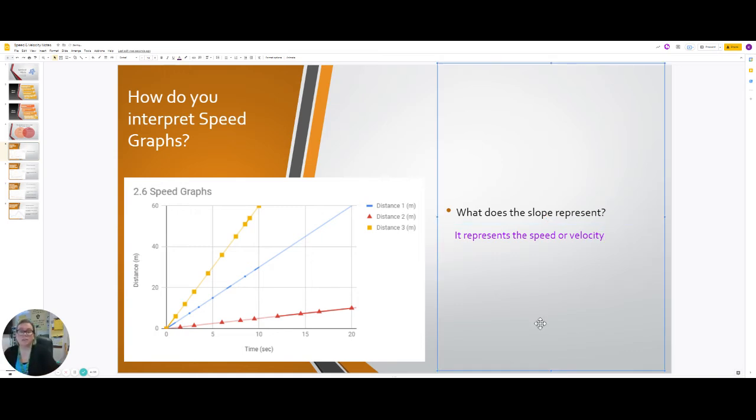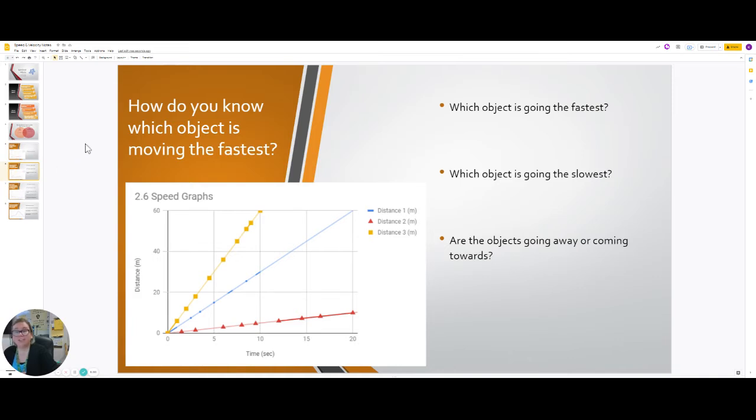It represents the speed or velocity, right? If we have the direction information, it can be a velocity, but this is going to give us our speed. And remember from math class, slope is kind of like the steepness of the line, and that's giving us our speed.